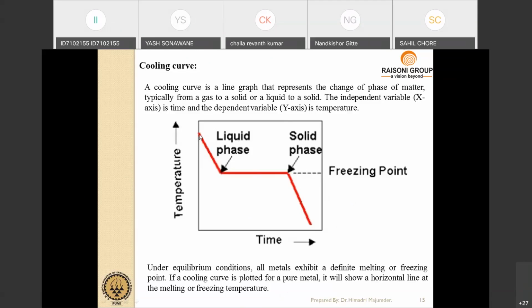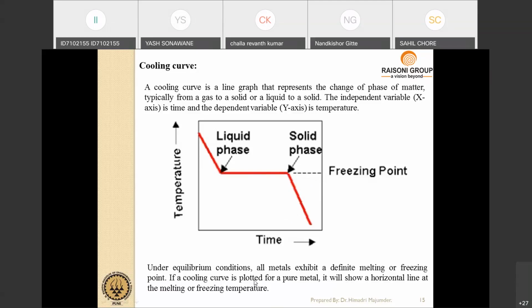Here, suppose at this point melting has started, and you can see a definite, specific freezing point. And this can be possible in equilibrium conditions only.